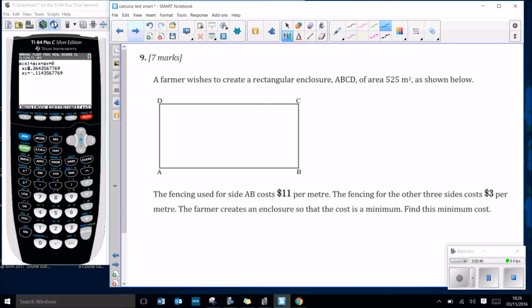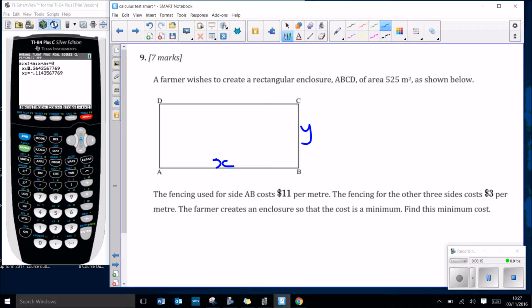This was a tricky one, and I am sorry that I almost went through this with you in class. I did indicate that there wasn't enough information, but there actually is. So we've got a rectangular enclosure and we've told the area of it. So straight up, we don't know our measurements, but let's call this length x and this length y.